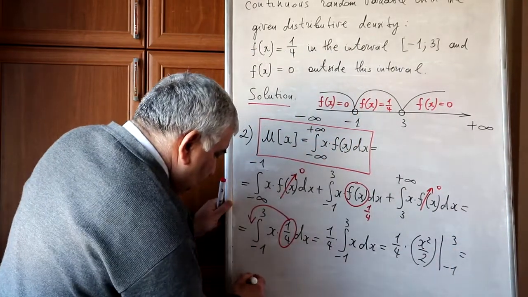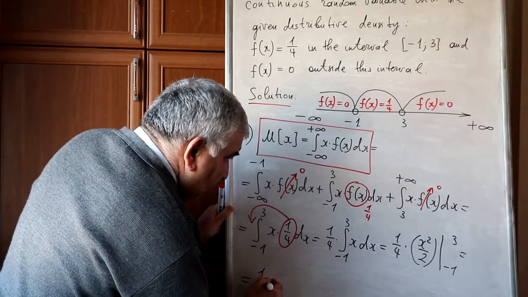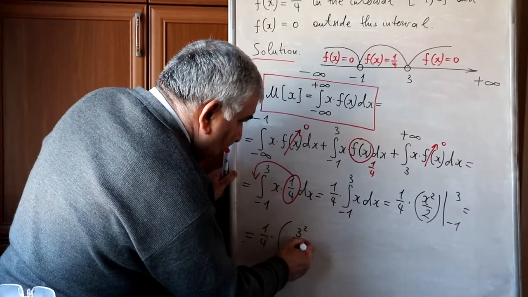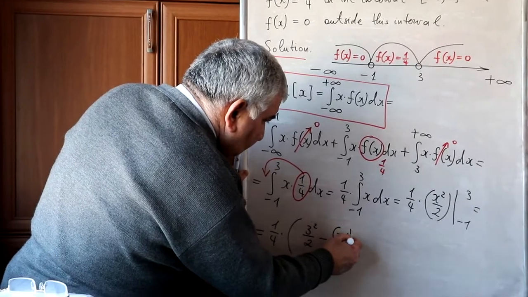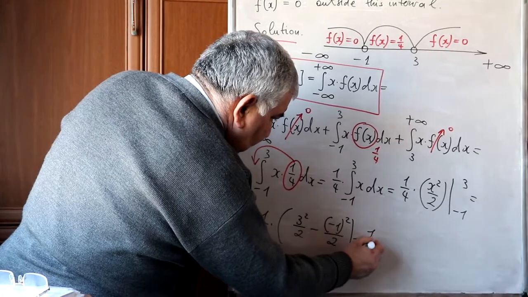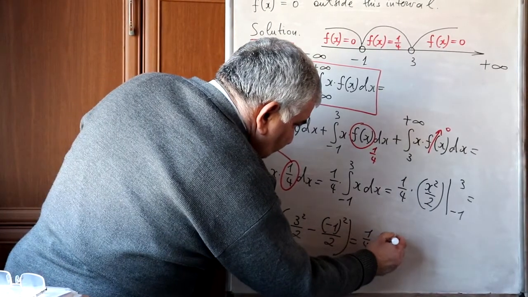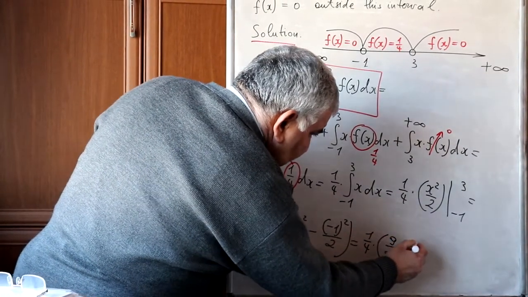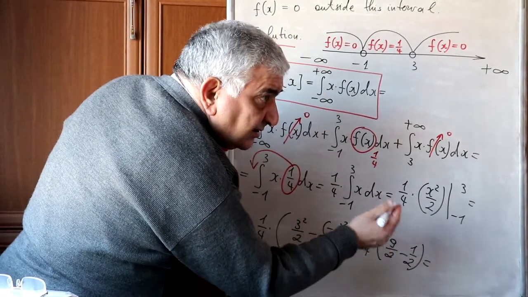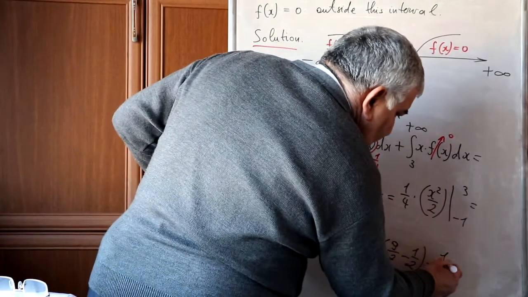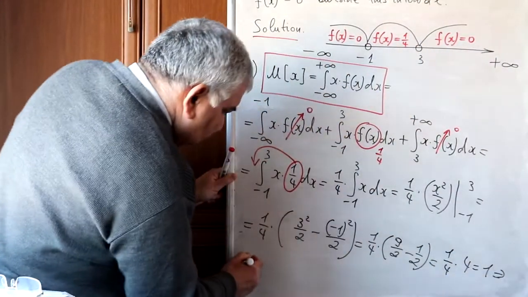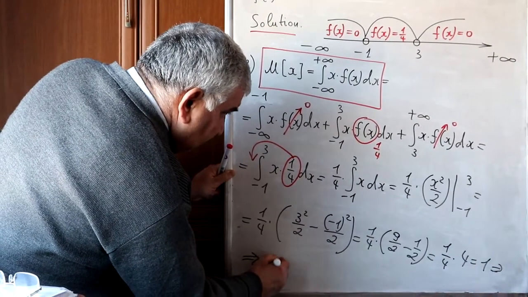Then calculate 1/4 multiplied by 3 squared in half minus negative 1 squared in half. Then 1/4 multiplied by 9 halves minus 1 half. It is 8 halves, and it is 4. 1/4 multiplied by 4 is unit. It means the mathematical expectation Mx is unit.